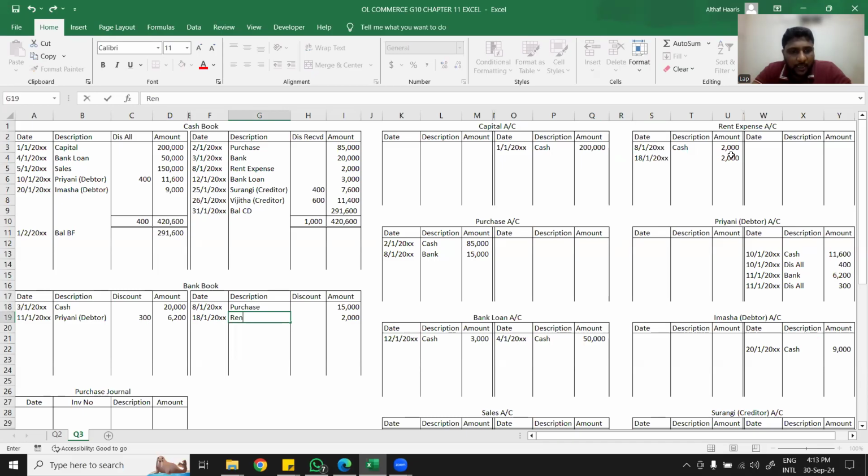Here you can write rent expense, here you can write bank. Rent account debit, bank account credit.